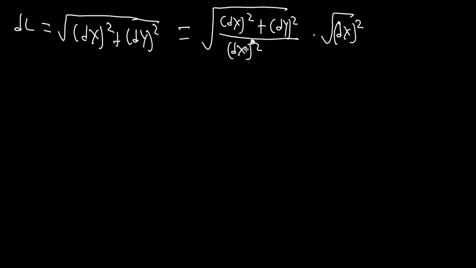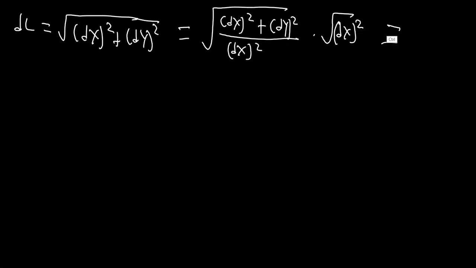Now you might be wondering, why is this the same expression as this one right here? Well, that's because the dx's right here cancel out. It's basically the square root of dx squared over the square root of dx squared, which is just equal to 1, so it doesn't matter that I put them there.